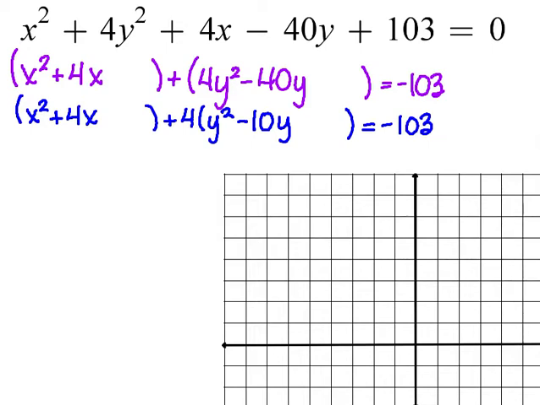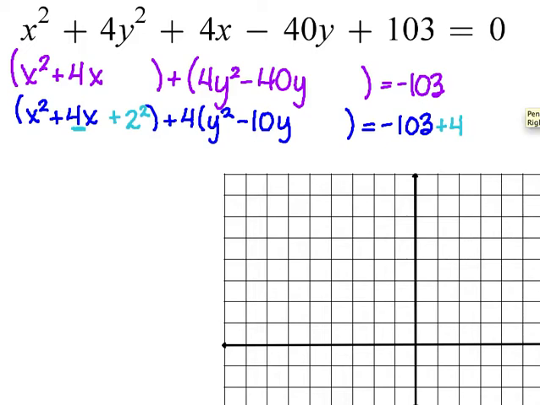So now we need to complete the square. I need to take half of 4 right here and square it. So I've added 2 squared, which is 4. So I'm going to come over here and add 4, because it's half of 4, and then you square it.